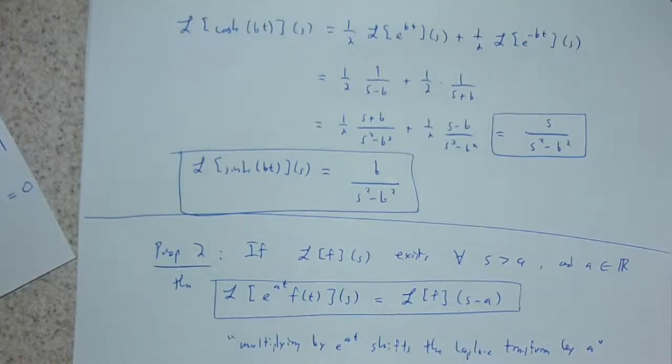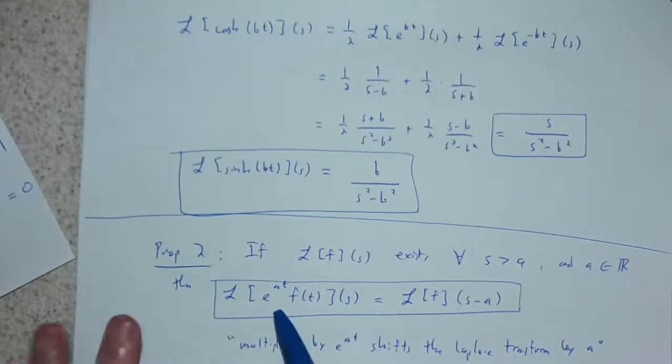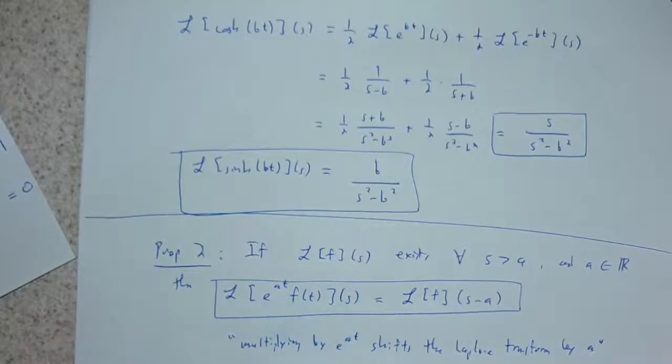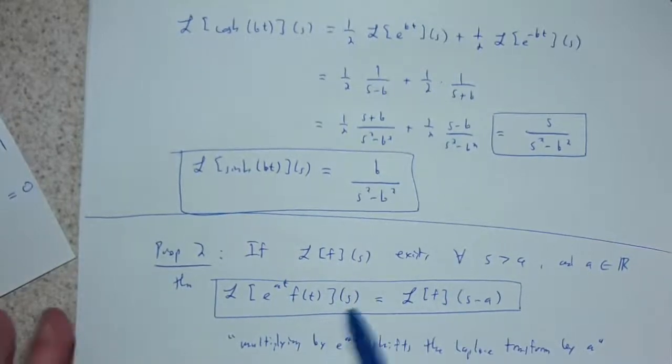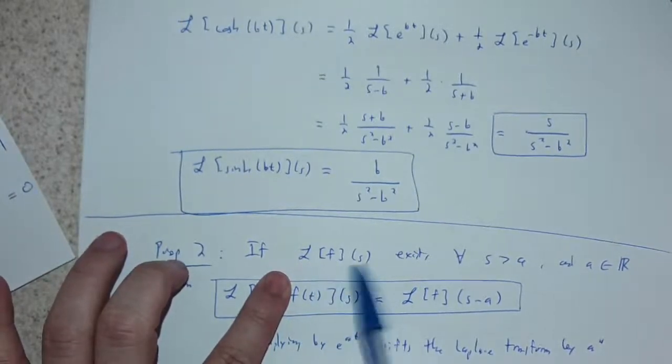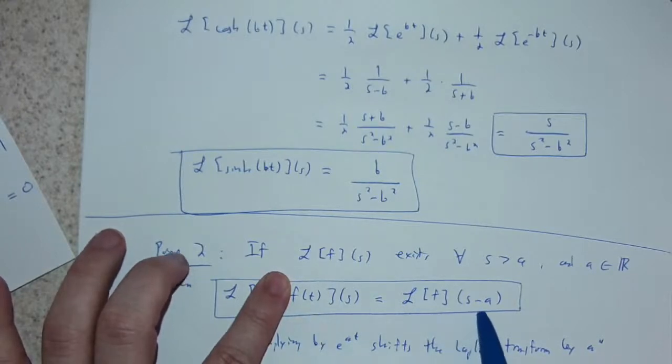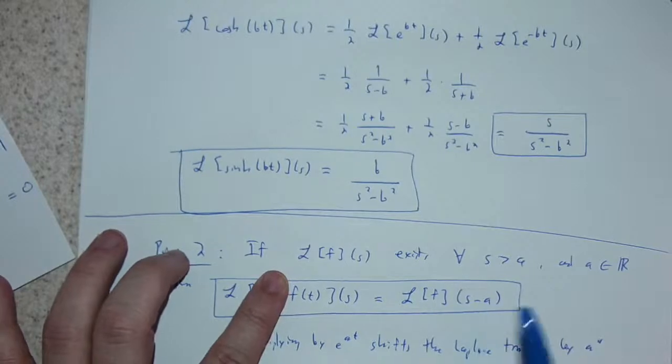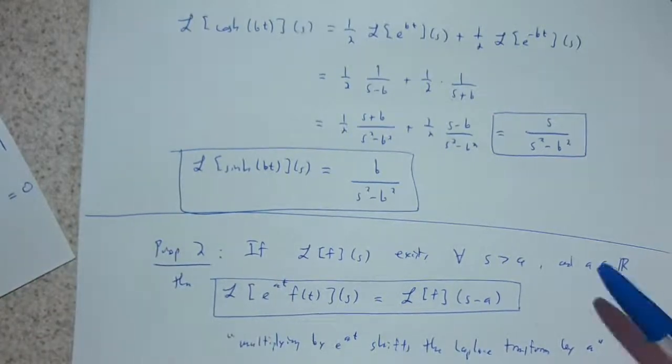The reason this is important and gets you out of doing some amount of work is that you no longer have to factor this e to the at into whatever expression this becomes. You could just ignore that, find the Laplace transform of f, which I'm assuming exists here, and then shift it: instead of having s here, it would be s minus a. So that is really nice, and we're going to use that fact a lot, going forwards and backwards.